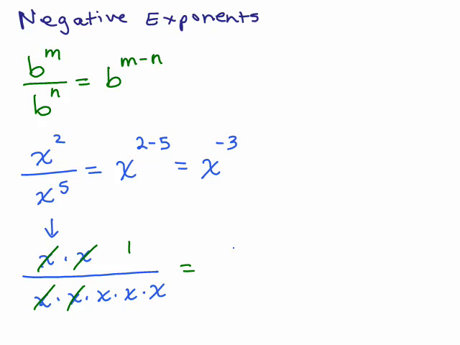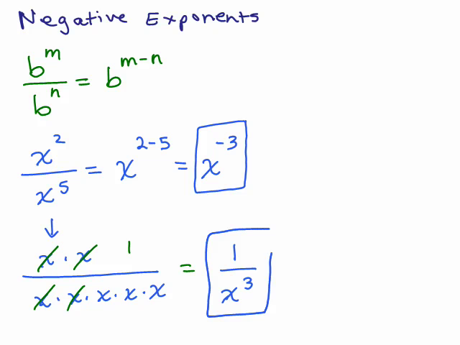So this would mean the answer is 1 over x cubed. So doing the problem by writing out the meaning and canceling, we get that x squared over x to the fifth equals 1 over x cubed. And in fact, those mean the same thing. So when you see x to the negative 3, it means 1 over x cubed.